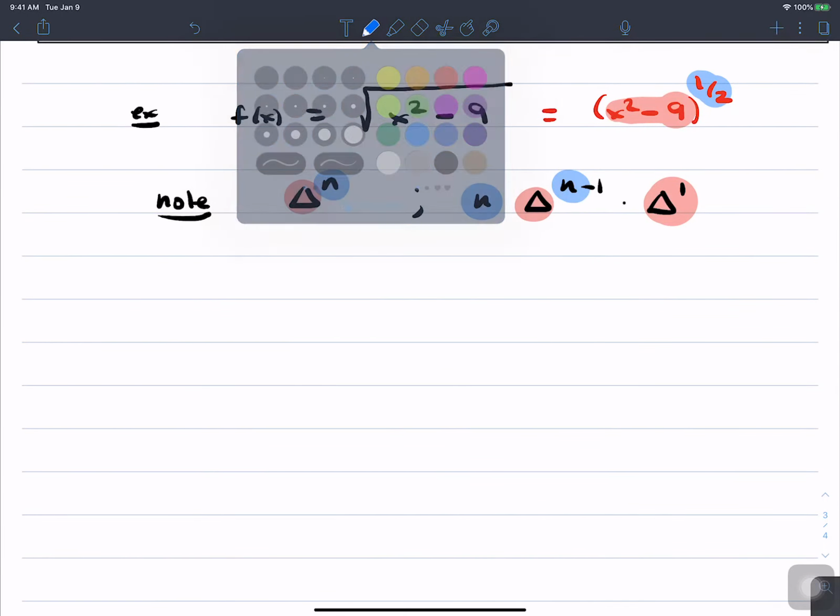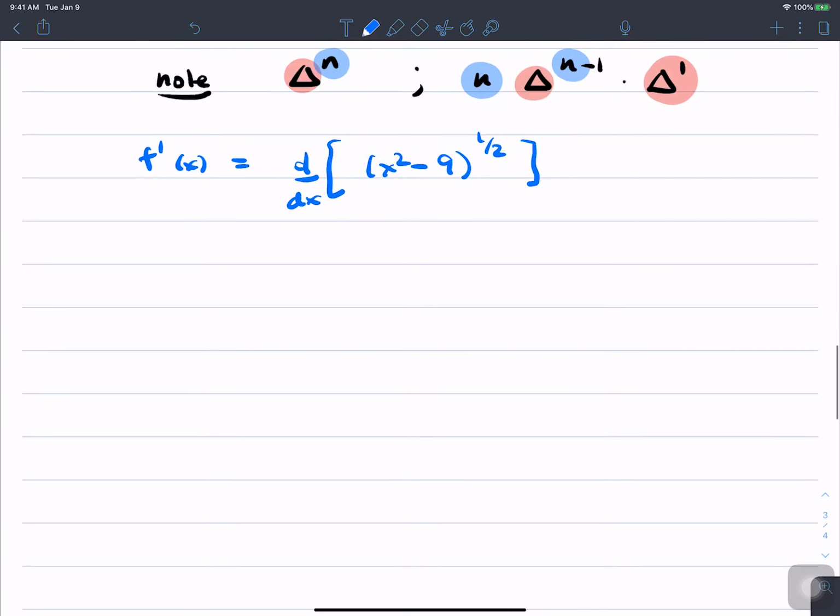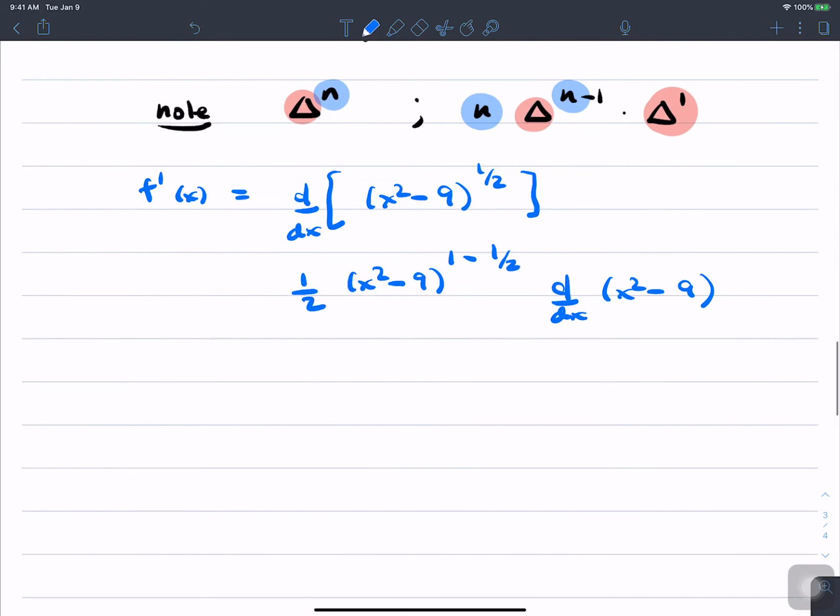Okay. So f prime x is the derivative of (x squared minus 9) to the 1/2. Now power rule says this is 1/2 (x squared minus 9) to the 1 minus 1/2. And we differentiate the x squared minus 9. So this will be 1/2 (x squared minus 9) to the minus 1/2.